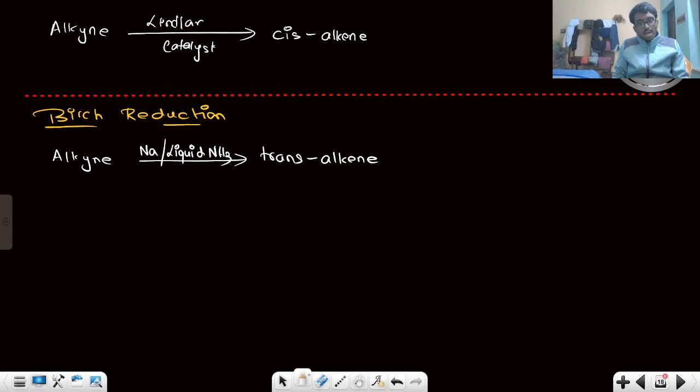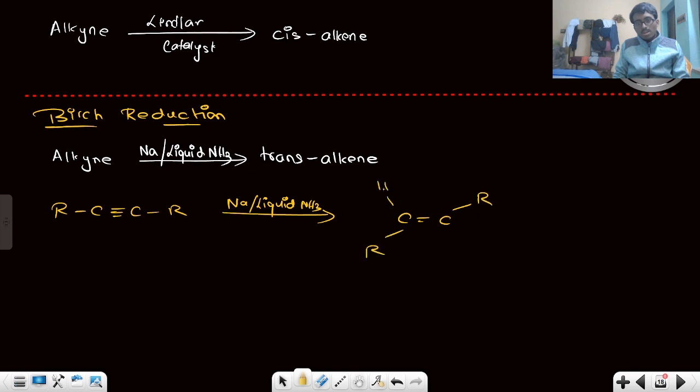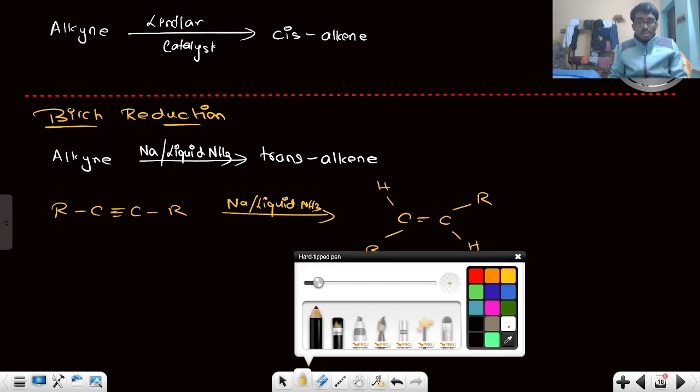So suppose I have the reaction as RC triple bonded CR, and I am reacting that with sodium and liquid NH3. Birch reduction conducted, so C double bonded C, R, H. Clear? This way it will form, which is a very important thing. Please do not forget it.